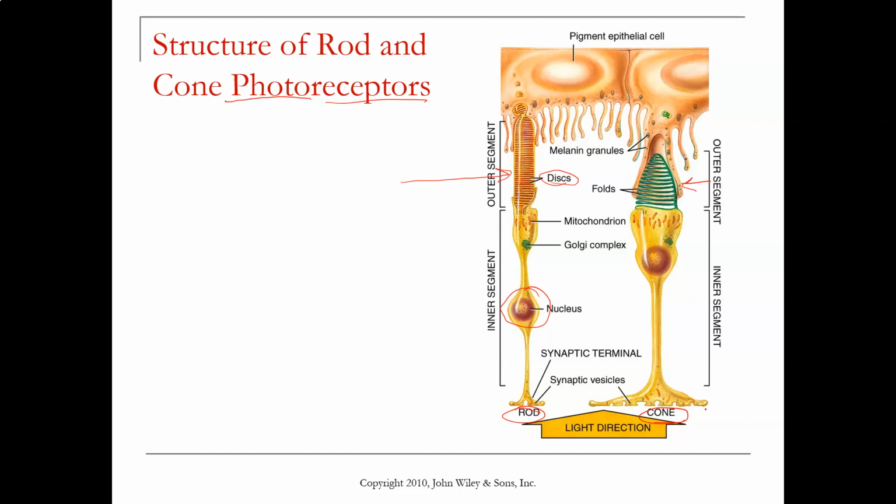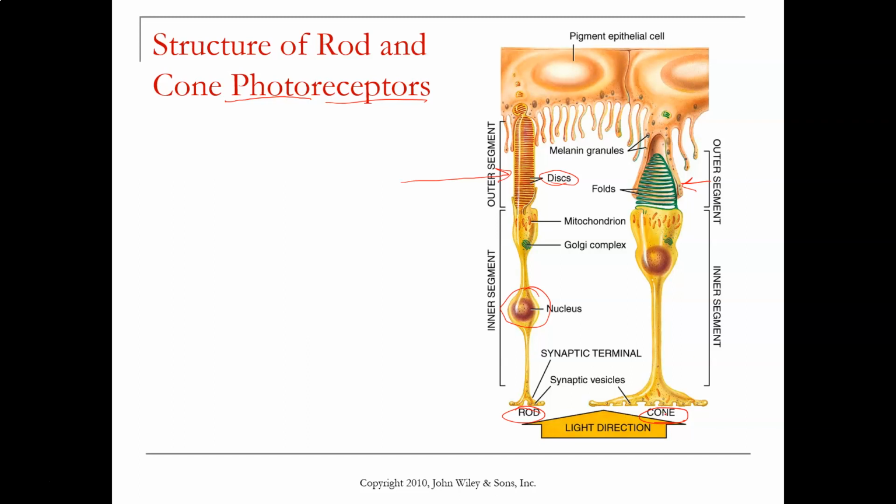Cones, on the other hand, are for keen color vision. The types of photopigments they have allow us to see in color. There are 3 different versions of cones that allow us to see in different colors. People who are colorblind, their cones lack one or more of these special types of pigments.